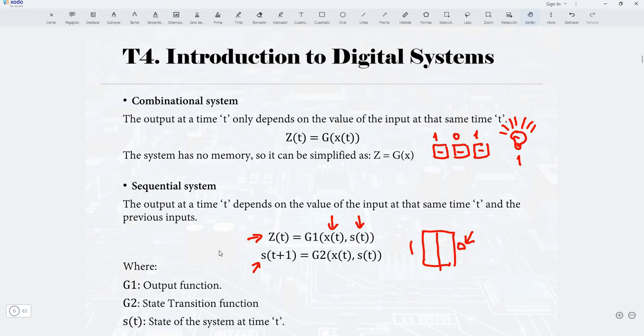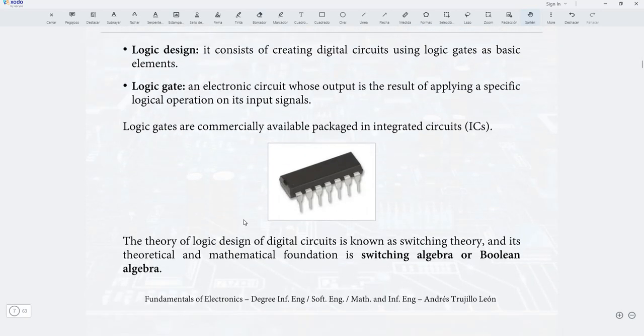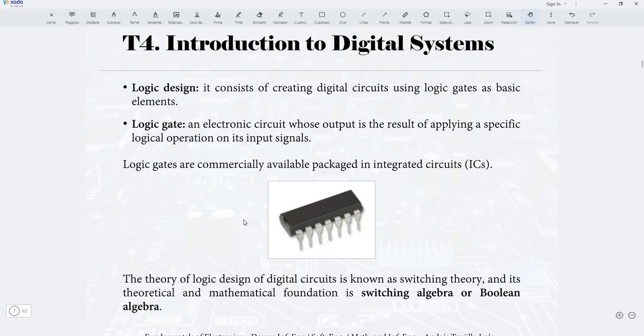So, more things about digital systems. Well, you already know more or less this. The logical design consists in creating digital circuits that implement digital functions using logic gates. The logic design is what we have done in the final part of topic 3.